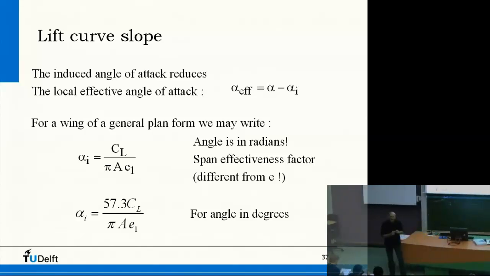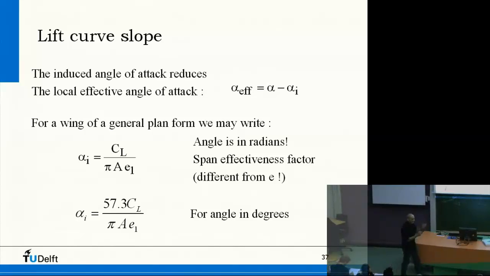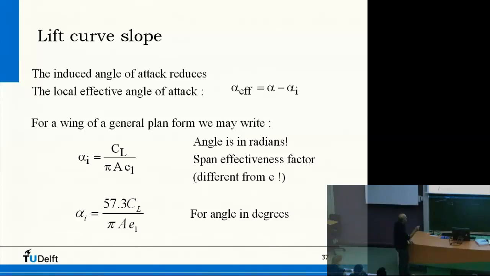So if we would like to look in tables how high the lift would be of an airfoil, then we would look for this alpha here. That's what you would measure in the wind tunnel, more or less, right? Okay. So if we look at this alpha i again, then it says CL divided by pi A E, and this is in radians, people.